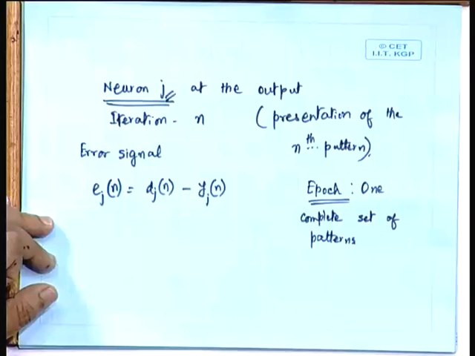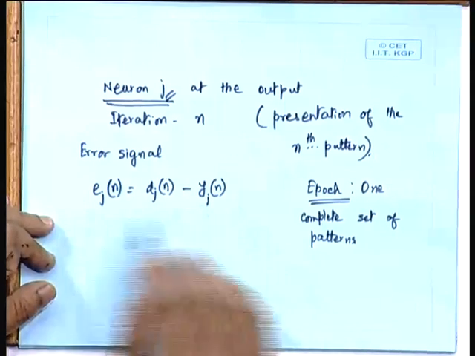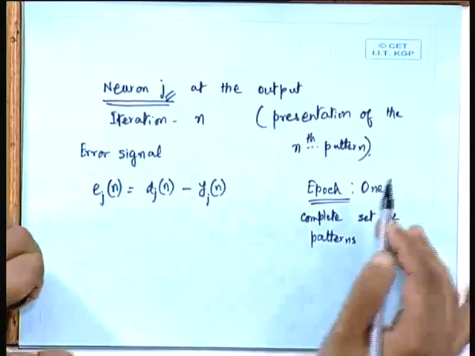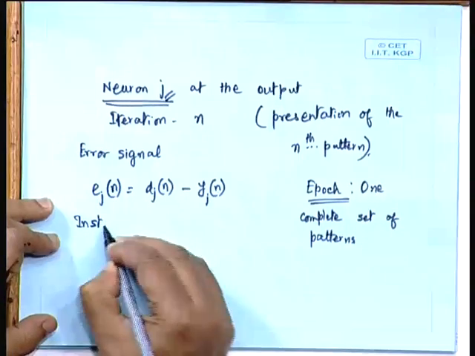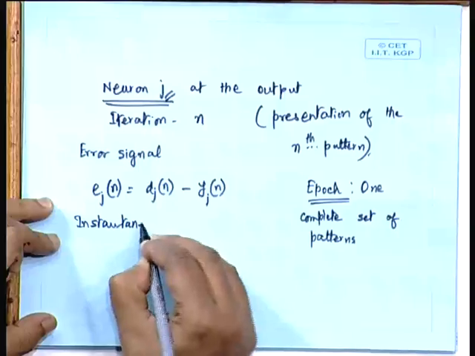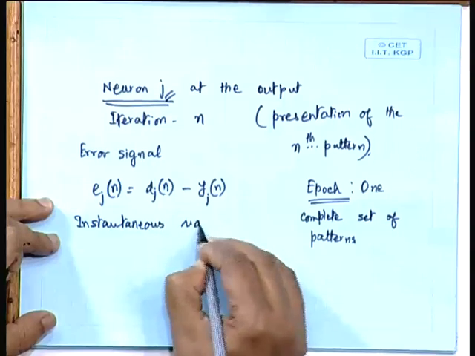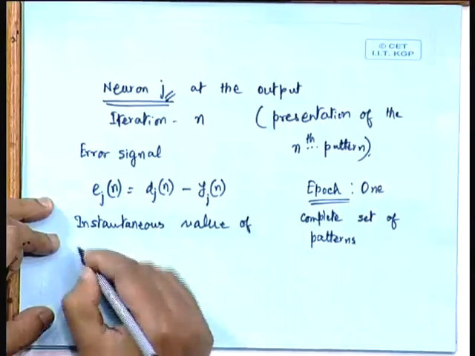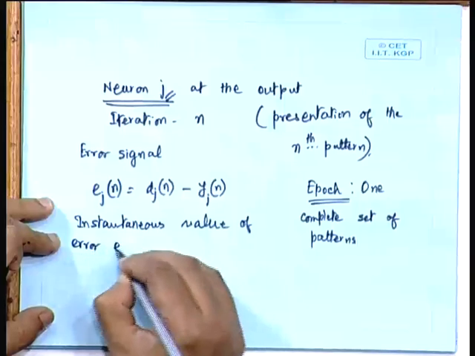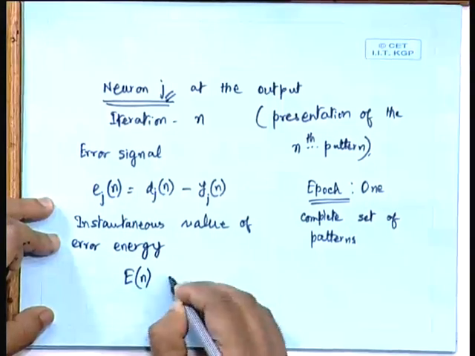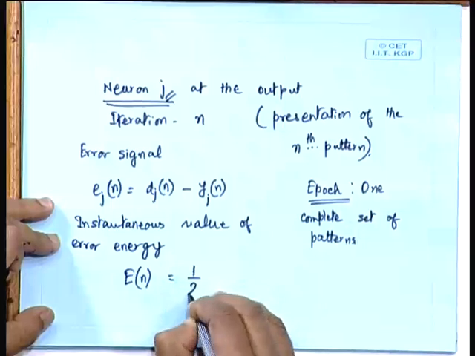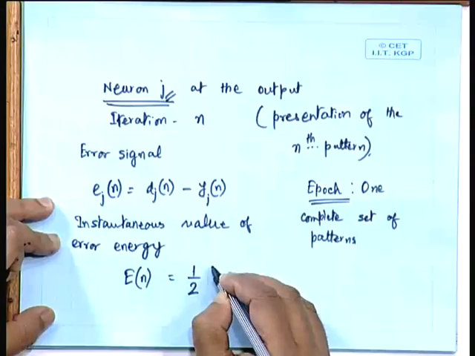That is why we are saying Yj, Dj. Everything pertains to the jth neuron, and the error signal is as follows. So, what is going to be the instantaneous value of the error energy? The instantaneous value of the error energy is simply going to be E(n) equals half of what?